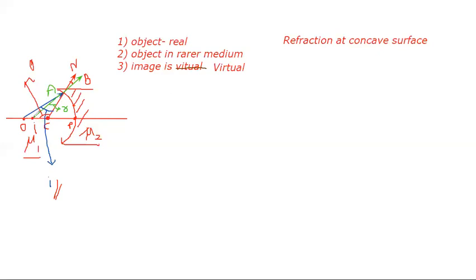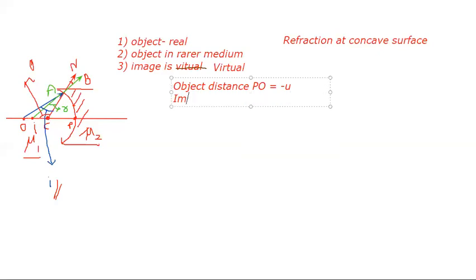The object distance PO is equal to minus u. Why have we taken minus? Because we are measuring the distance in the opposite direction of the travel of the ray, in the negative x-axis. So object distance is minus u.